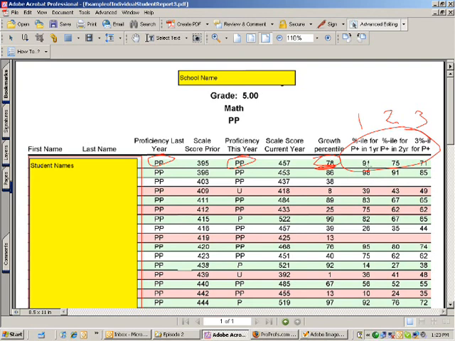To achieve proficiency by the end of their 6th grade, because this was the end of their 5th grade, they need to grow in the 91st percentile, or by the end of 7th grade, they need to consistently grow in the 75th percentile, or by the end of 8th grade, they need to consistently grow in the 71st percentile.